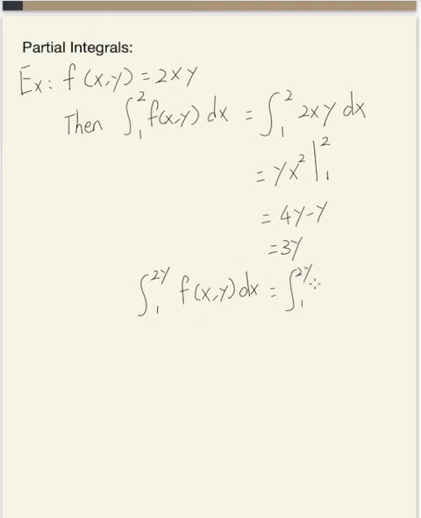So the computation is very similar. Let's go through it together. It's the integral of 2xy. Just like we did the last time, the antiderivative is yx squared. The only difference here is that now we're evaluating this from 1 to 2y. So we plug 1 and 2y into x and get y times 2y squared minus y times 1 squared, which is 4y cubed minus y.